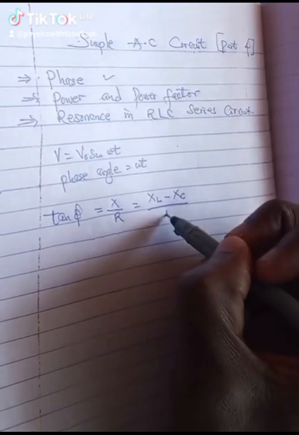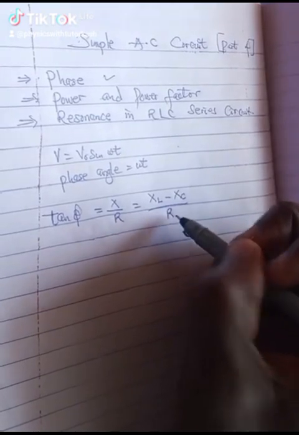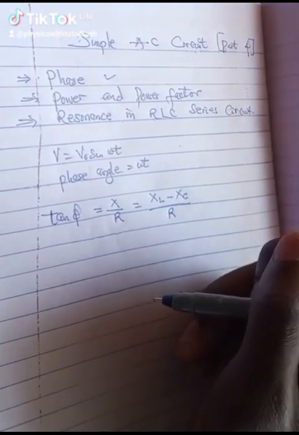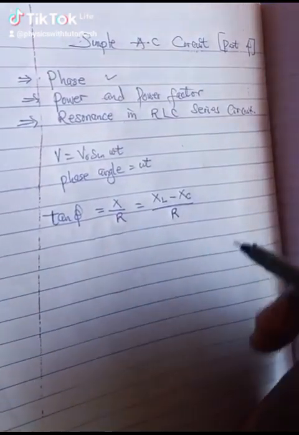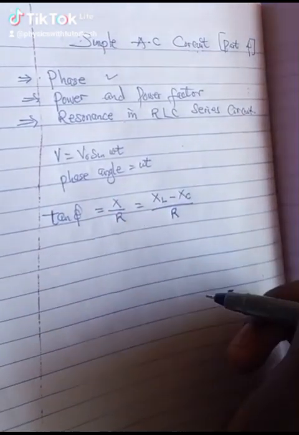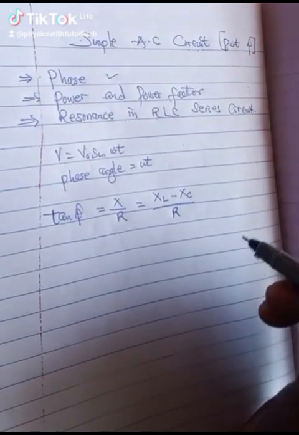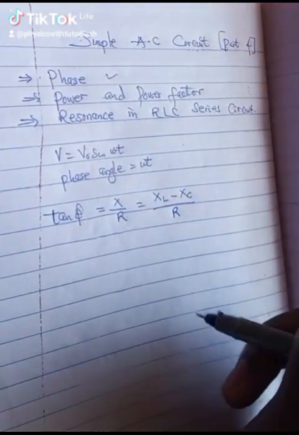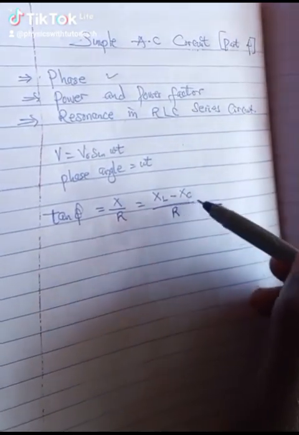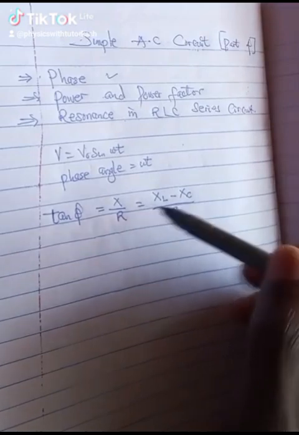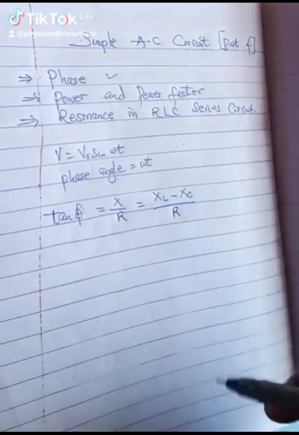And remember, if this is a system that has only inductor or only capacitance, you choose only one out of the two of them.